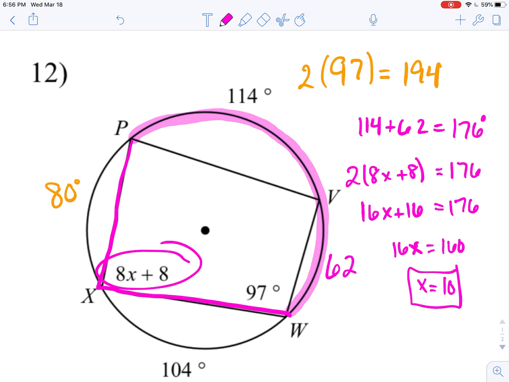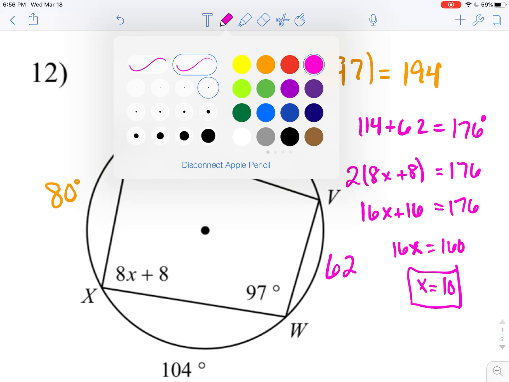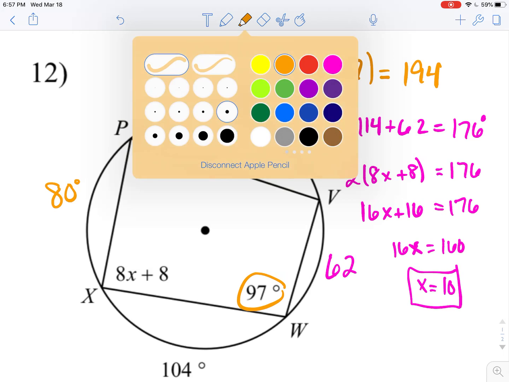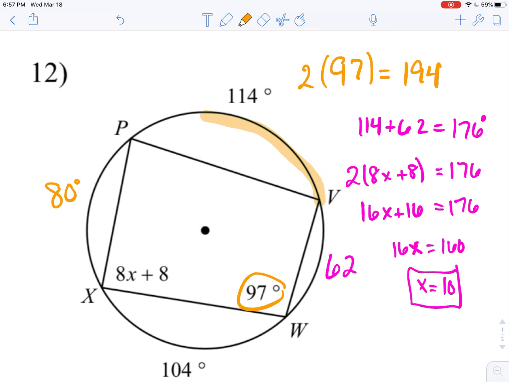So really what you're trying to do here is start with whatever you're given. Start with any numbers you're given. So our first step here is we just started with things that we knew for sure. I knew 97, and I was lucky enough to have this arc here.